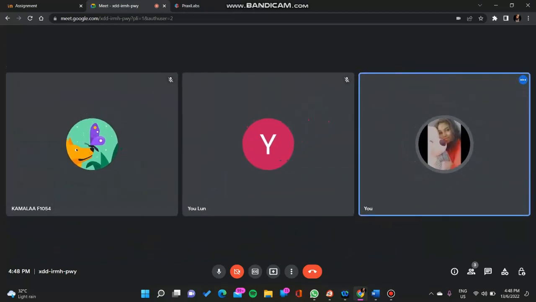Sorry, I forgot to introduce my team members. Myself, Rugashani Sivalingam, with Tan Yulun and Kamala Kalyan. So the second experiment, that is the Tollens test, I'll be doing.